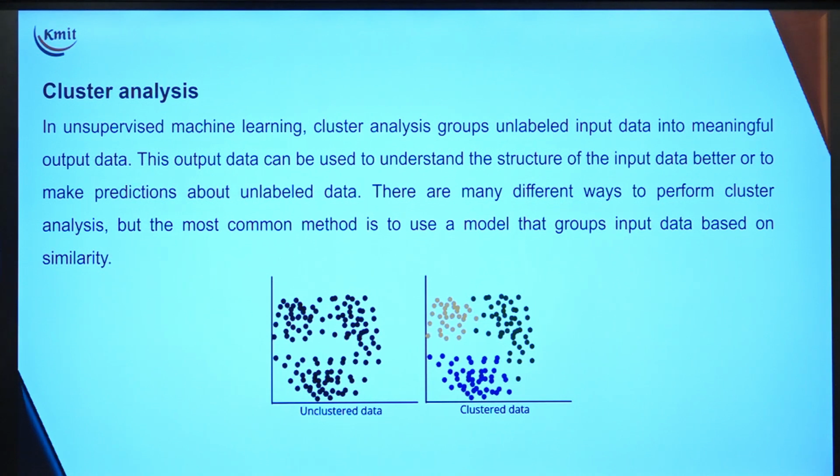given. So clustering is basically an unsupervised machine learning technique designed to group unlabeled examples based on their similarity to each other, to convert them into meaningful groups, which are called clusters. There are many different ways to perform cluster analysis, but the most common method is to use a model that groups the data based on similarity.